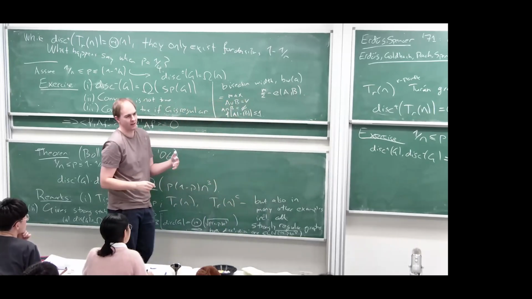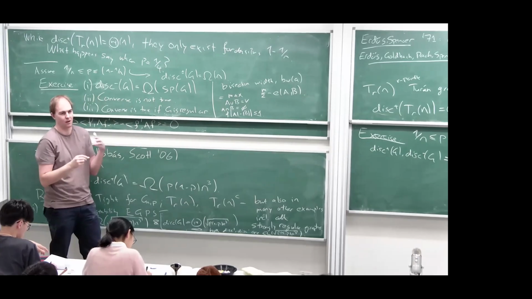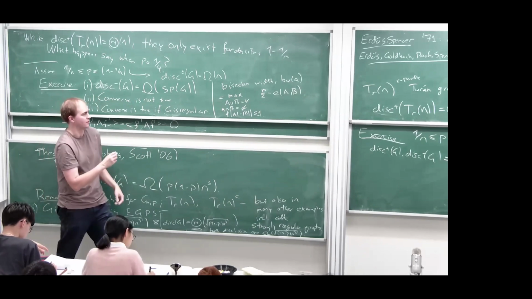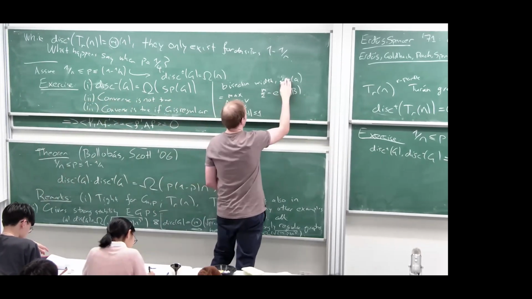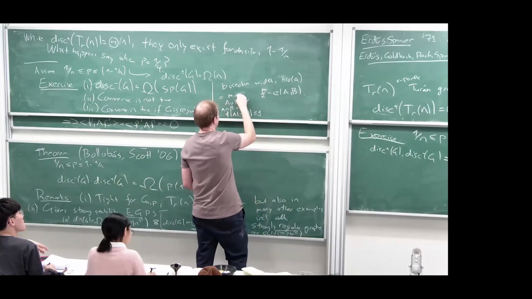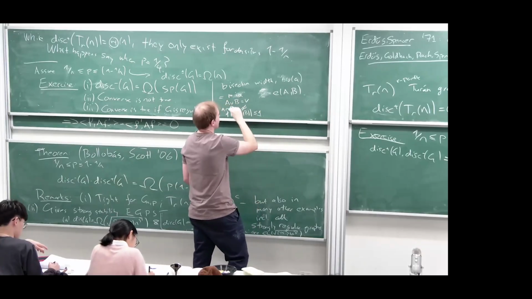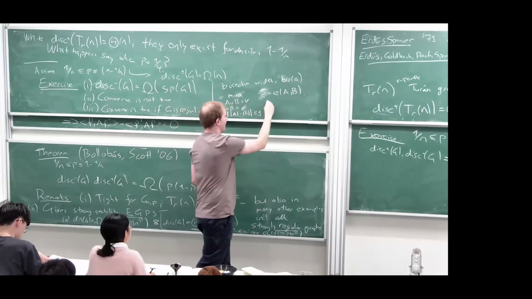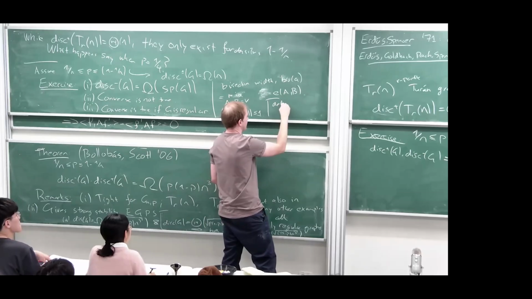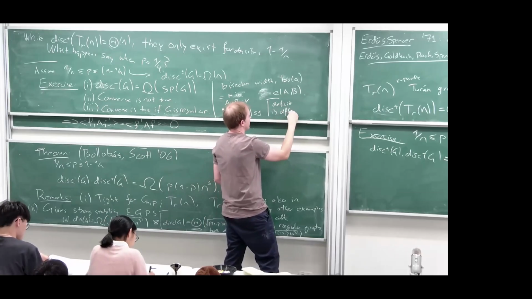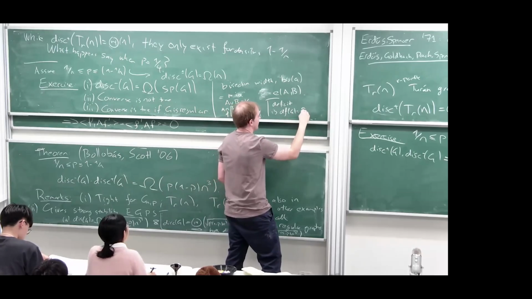So this is kind of like the min cut, the smallest size of a cut. So the bisection width is just the smallest size of cut, and the deficit is this.